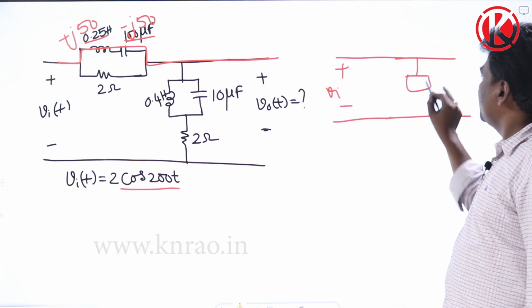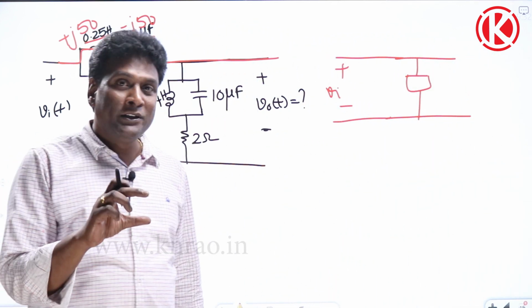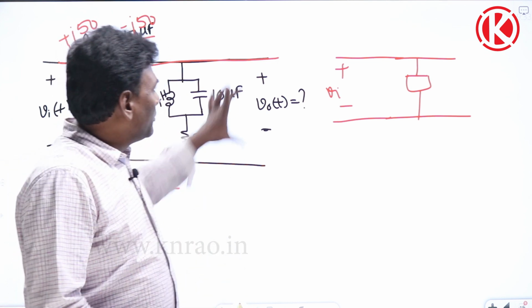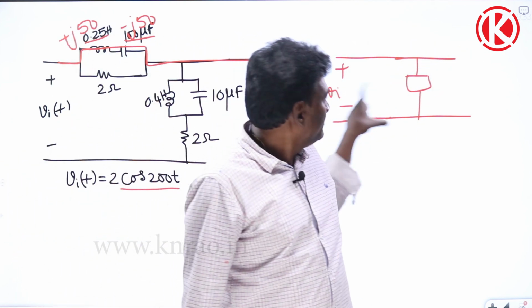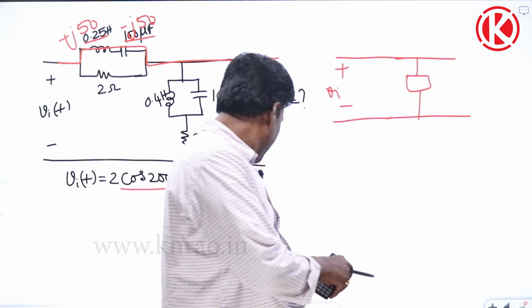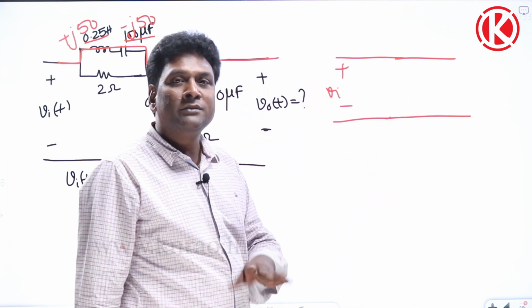As I already told you, if anything is connected across an ideal voltage source, that branch need not be considered in voltage calculations. Across a voltage source, if you connect one shunt branch, even if I remove it, in voltage calculations nothing will happen.